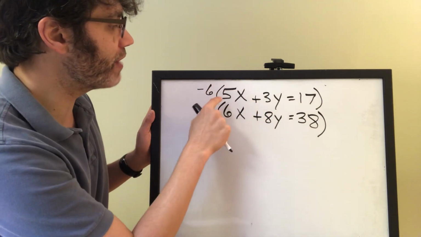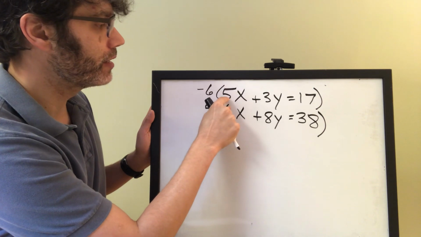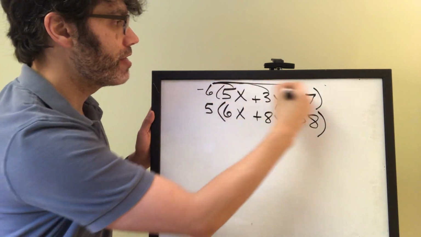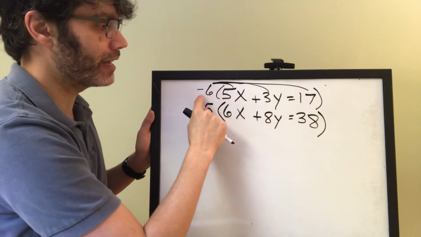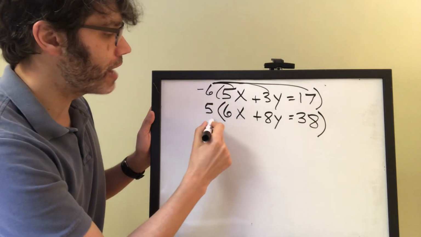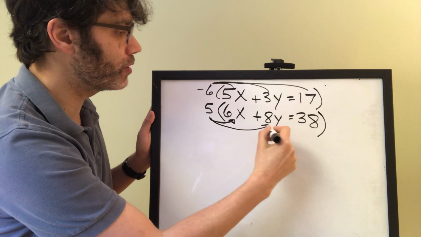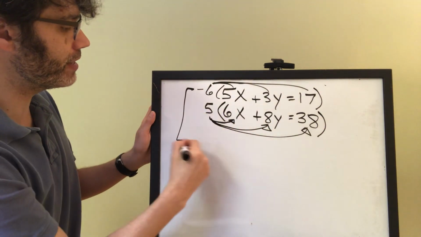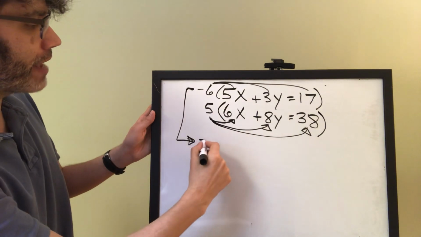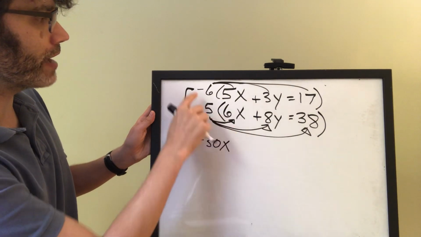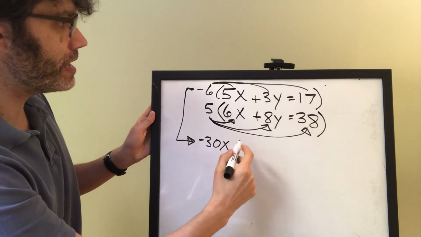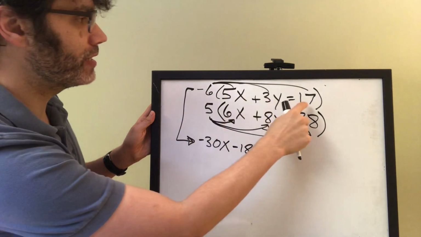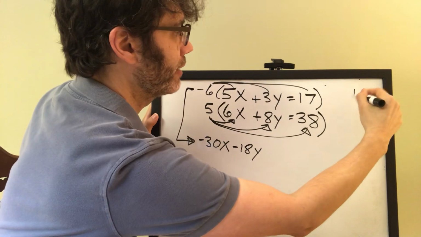Remember, if I multiply this 5 times negative 6, I need to multiply every single thing in that top equation by negative 6. Likewise, I need to multiply everything in this bottom equation by a positive 5. So let's do that. This top equation becomes negative 30x, negative 6 times 3 is negative 18y, and negative 6 times 17, oh boy, I'm going to have to do that out.